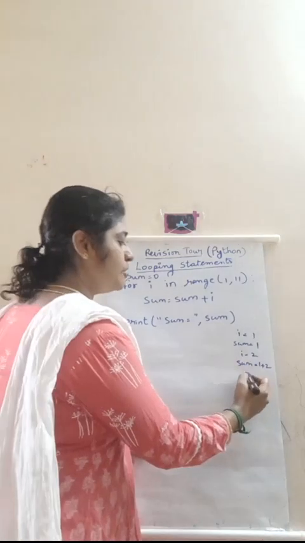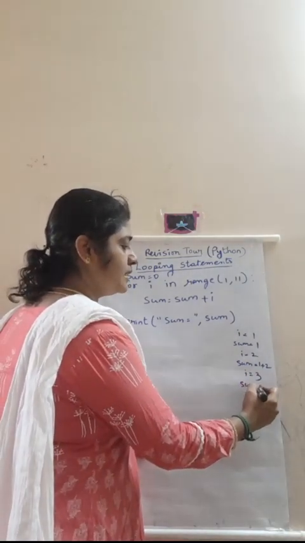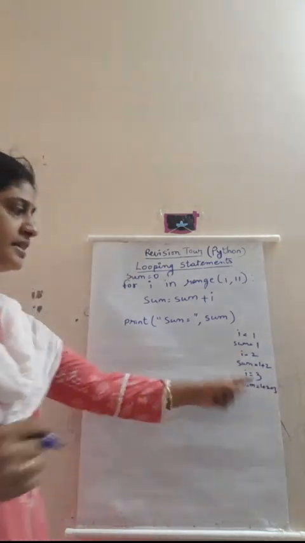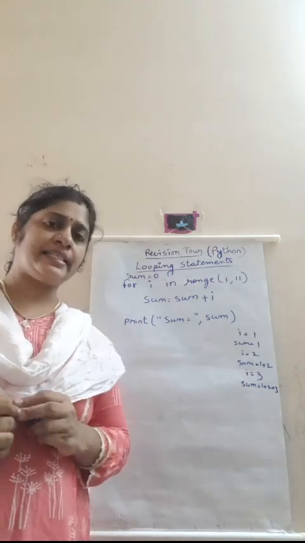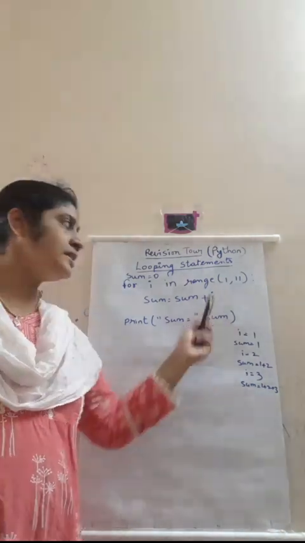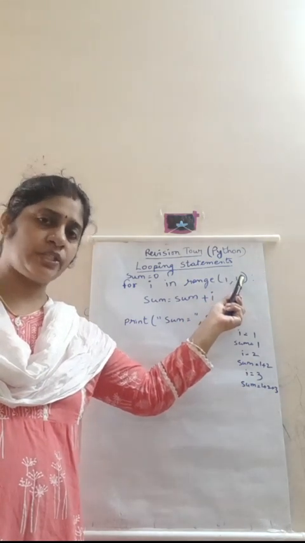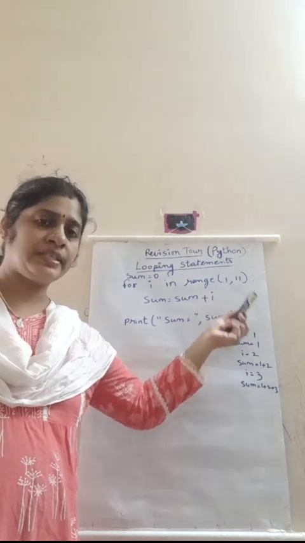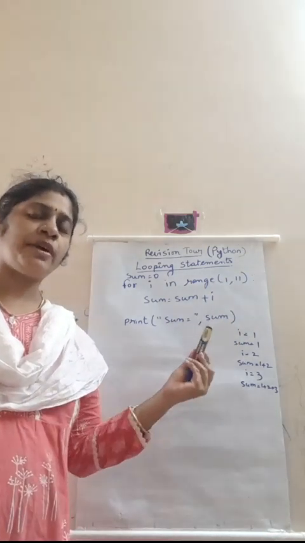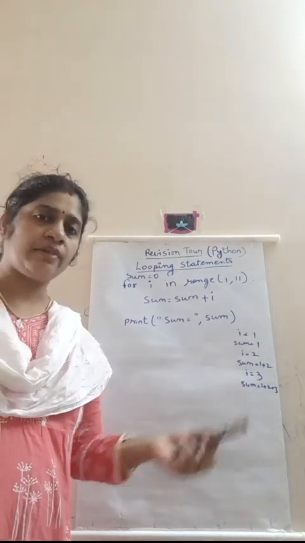Next time the I value will be 3 and sum will be 1 plus 2 plus 3. This 3 will get added. Like this, the loop will run till the I value is 10. It won't go up to 11, it will stop at 10. So this is how we write a program for adding the first 10 natural numbers using the for loop.